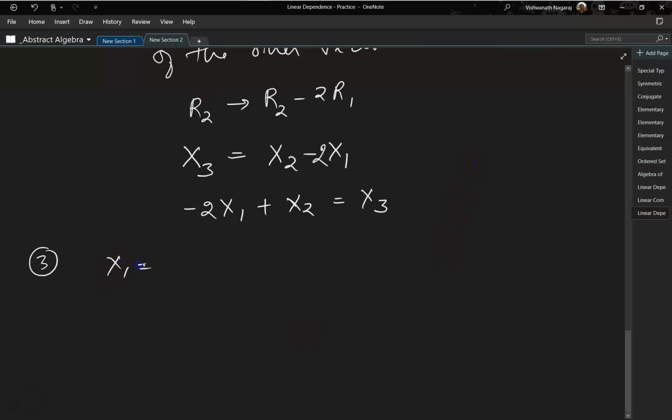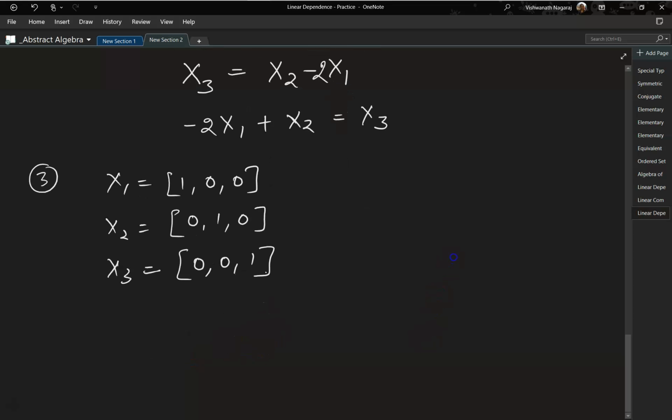Now x1 is equal to 1 0 0, x2 is 0 1 0, and x3 is 0 0 1. Again, we have to figure out whether they are independent or dependent.